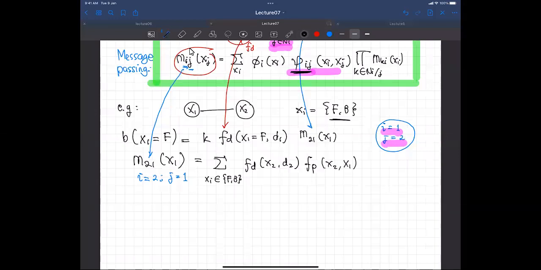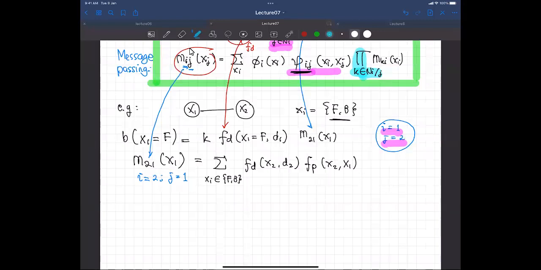Right? The next term is this one, the product over k that is a neighbor of I, but not j. What is k then in our case? K is a neighbor of I but not j. I is 2, right?